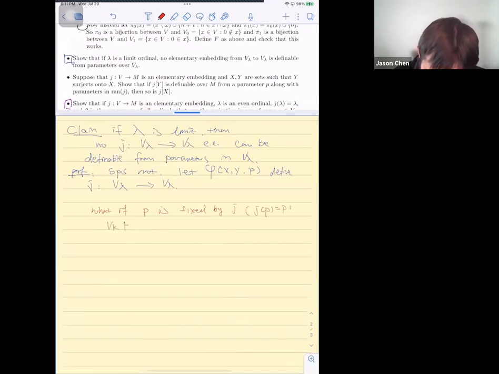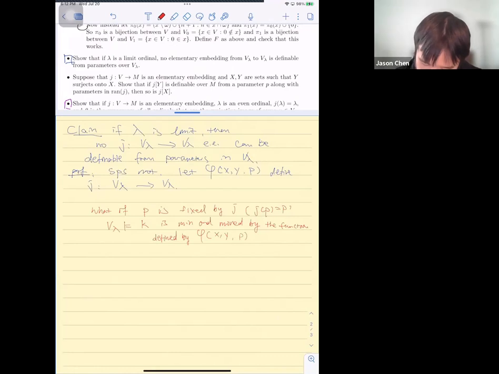V lambda is going to think this critical point kappa is the minimum ordinal moved by the function defined by phi x, y, p.